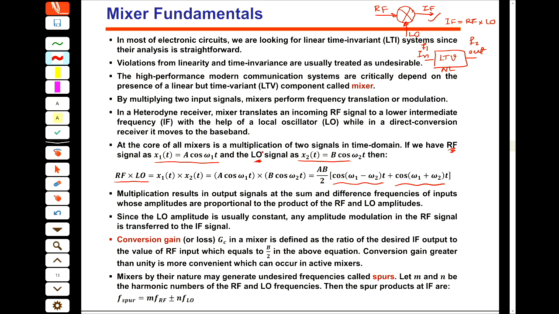If this LO is inside the system, it could be linear, but it is LTV because it's changing by time. The characteristics of the system are changing by time. And you see that the multiplication results in the sum and difference frequencies of the inputs, and the amplitude is proportional to the amplitude of these two, RF and LO.